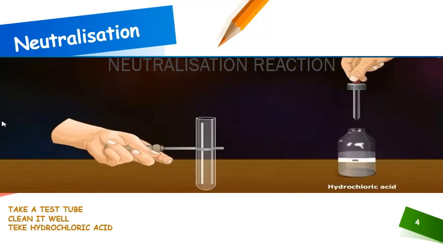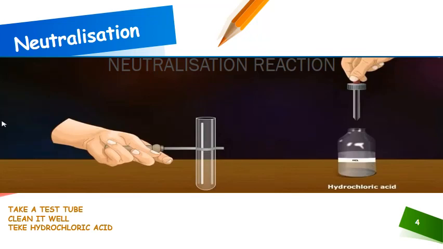It is an inorganic acid which is very dangerous. As I told you in the previous class, there are inorganic acids and organic acids. Inorganic acids are used in the laboratory and organic acids are present in our fruits, isn't it? So here we take this hydrochloric acid. You should be very careful in handling the hydrochloric acid.